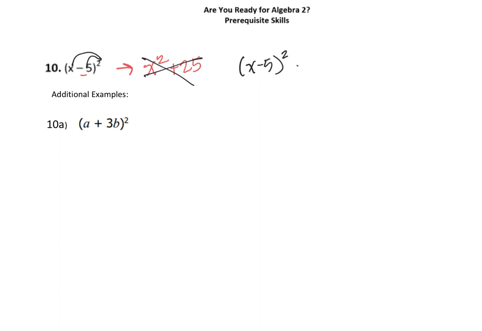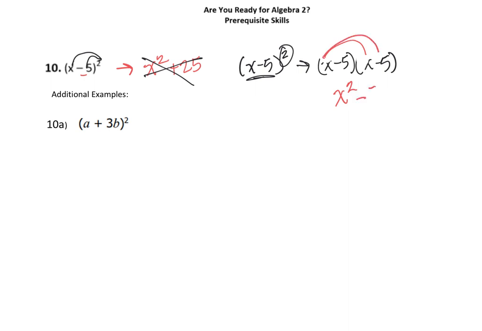So what that means is I have to take what's inside the parentheses, x minus 5, and multiply it by its own self, which is x minus 5. So you need to remember that this squared means two of whatever was inside the parentheses being multiplied. So now I FOIL this piece out, and I have x times x, which is x squared.